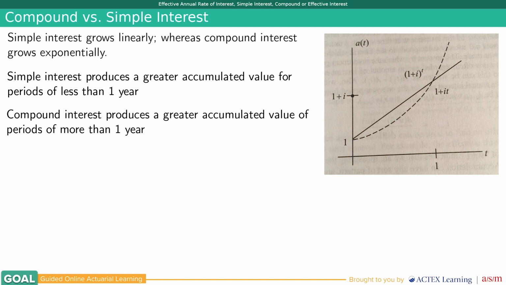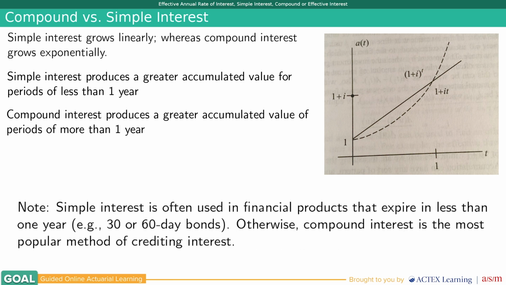For periods of less than 1 year, the linear function is actually greater than the compound interest function. And we can see we accumulate more interest if we use days or months that are less than 1 year to accumulate interest.